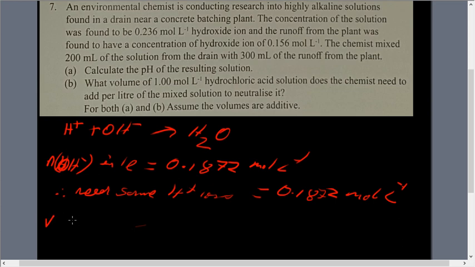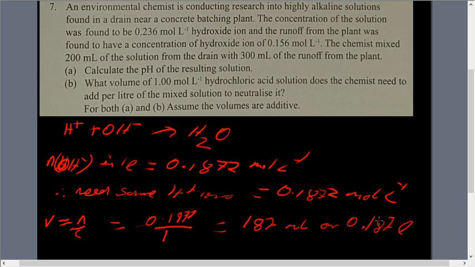If we rearrange our old friend, volume is equal to the number of moles divided by the concentration, which in this case is equal to 0.1872 divided by 1, which equals 187 millilitres, or 0.187 litres.